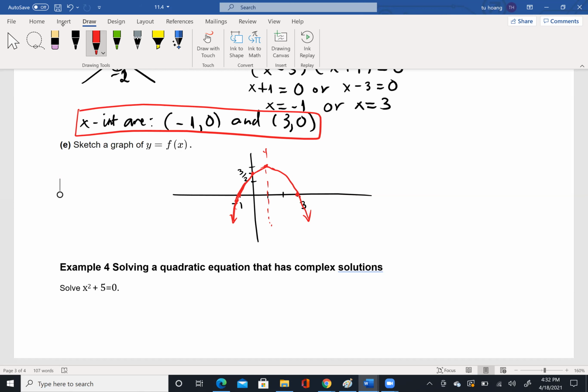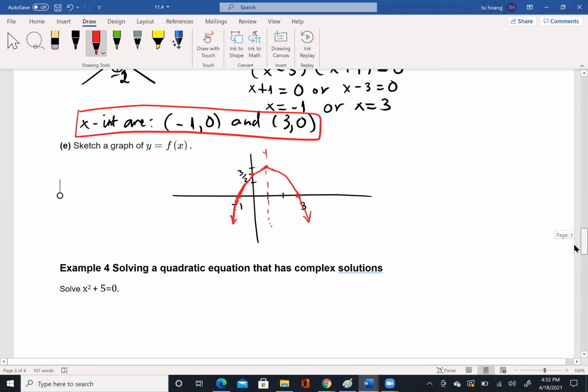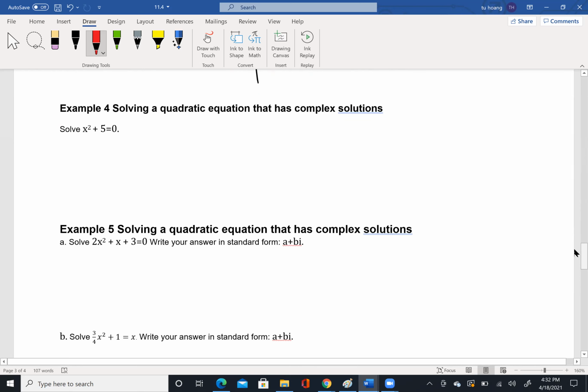So what else? Solving a quadratic equation that has complex solutions. Okay, so I want to solve x squared plus 5 equals 0. For this problem, I can just subtract 5 from both sides.